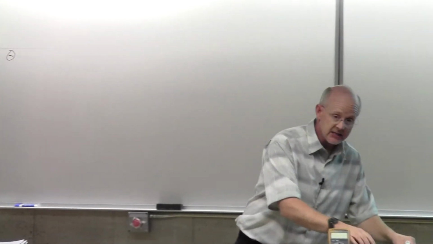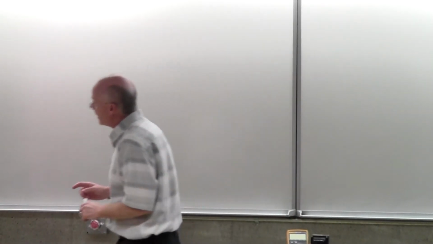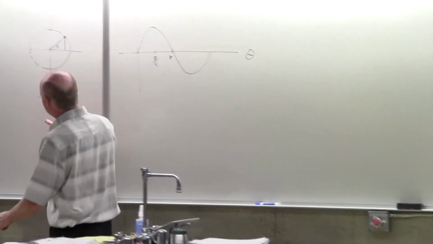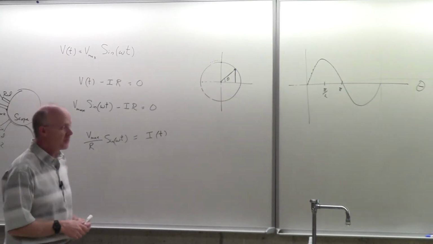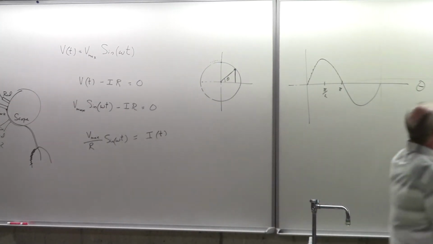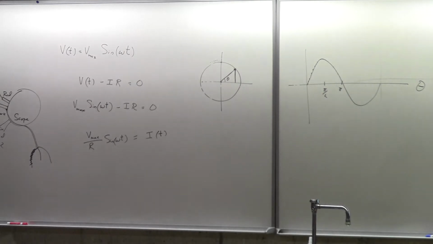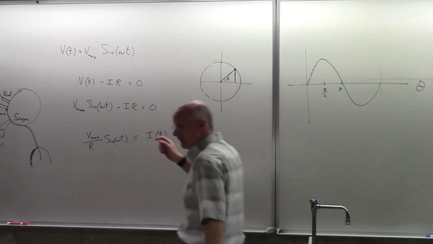Now, the reason I say that is because if I come back to this description and say, all right, if I made a plot of voltage and current versus time, what would the voltage look like?